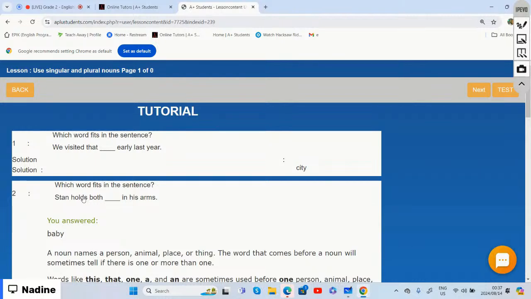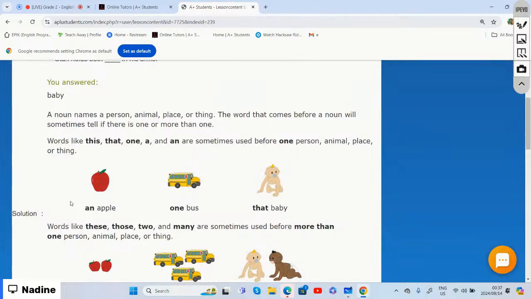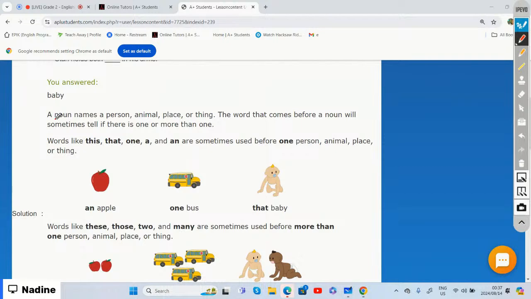we're going to use plural nouns. It says that a noun, remember, names a person, an animal, a place, or a thing.